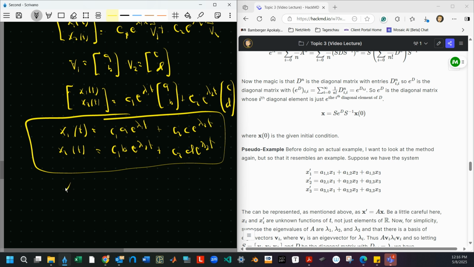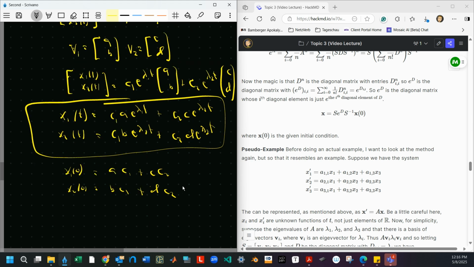Then we would get a system, x1 of 0, x2 of 0. When we put in zeros, all these e to the something become 1. So I end up with a c1 plus c c2, and b c1 plus d c2. And then we could solve that linear system.